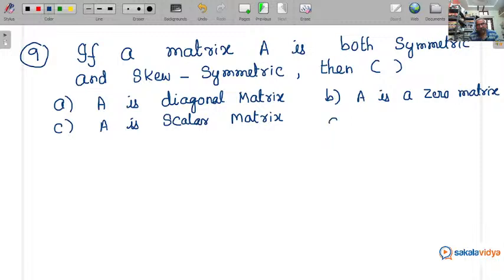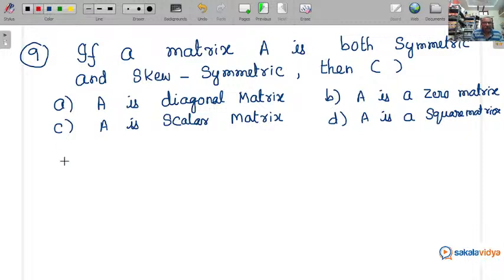D, A is a square matrix. Symmetric and skew symmetric means obviously A is a square matrix only, but option D is not correct, it is always a square matrix only. But out of these three, we need to find out: A is a diagonal matrix, A is a zero matrix, and A is a scalar matrix.